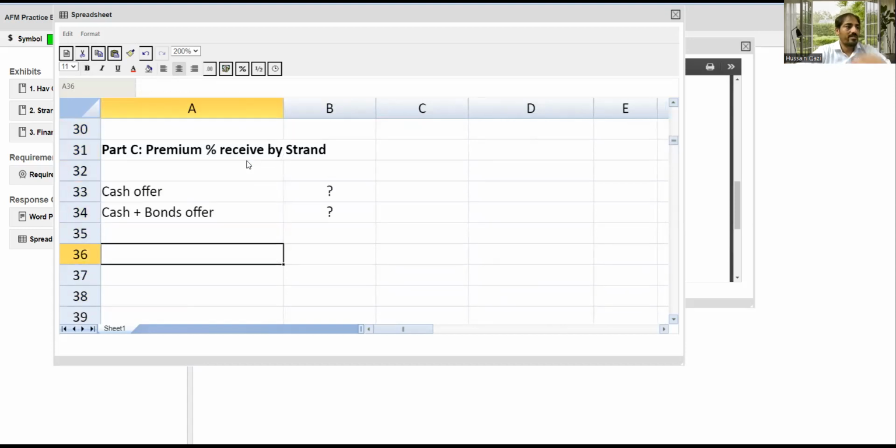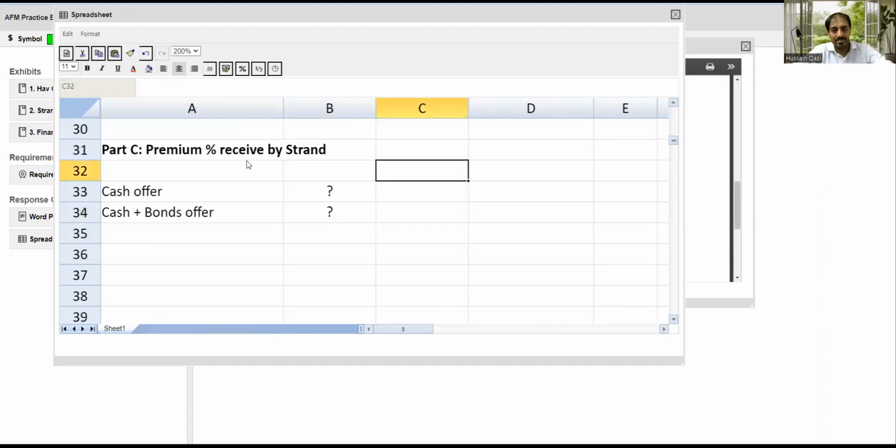Number one, cash offer. Very simple. Listen carefully.